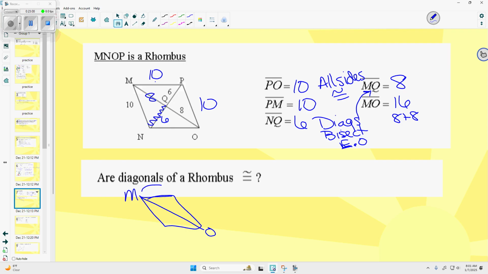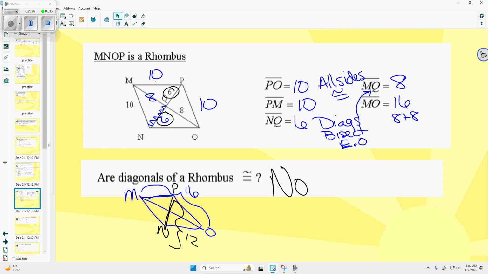I heard 16. How long is NP? 12. Are they congruent? No, they're different.